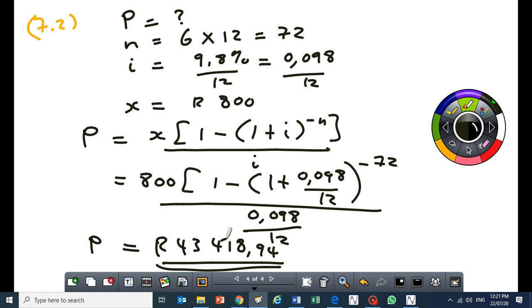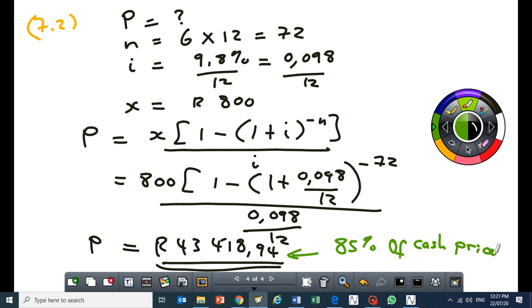Calculate the original cash price of the car. So before I carry on, this amount is 85% of cash price. Okay? So we need to know what was the value of the car. Okay?